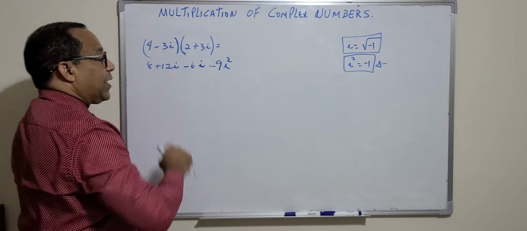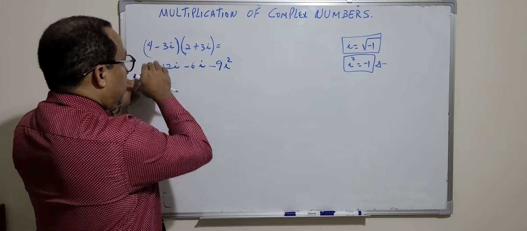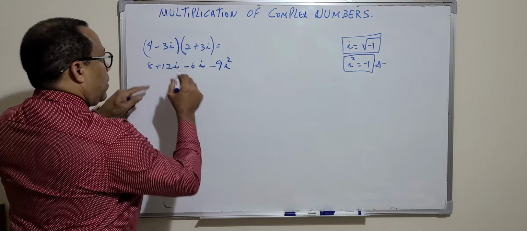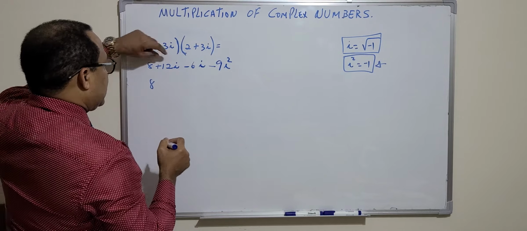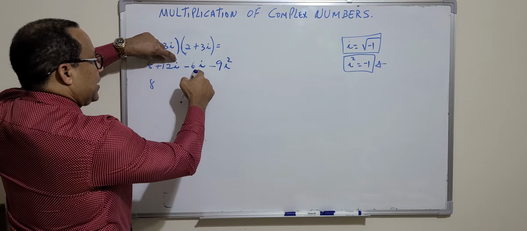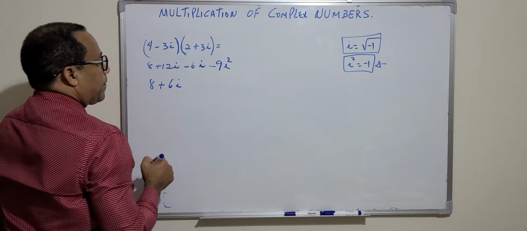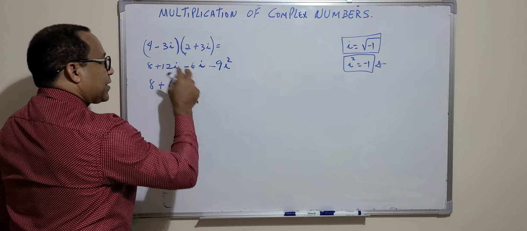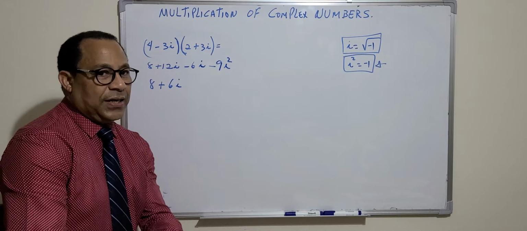And 8 is an independent term. There's no other number by itself in the expression. So I'm going to solve these two, but first I'll bring down the 8. And 12i minus 6i is plus 6i. I'm subtracting like terms: 12i minus 6i is 6i.